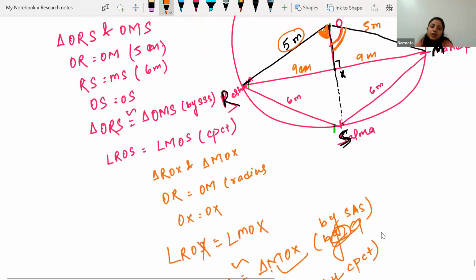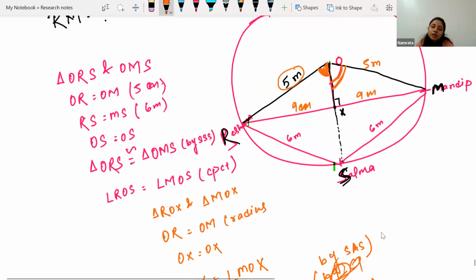And what we have to find? If we have to find the length of RM, then we will do 9 plus 9, that is 18. This is just the assumption I have taken. I don't know what is the value. Let's find the value. 9 is just what I have assumed. Okay, let's see what will be the value over here.